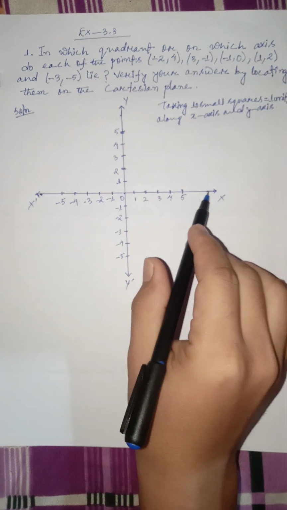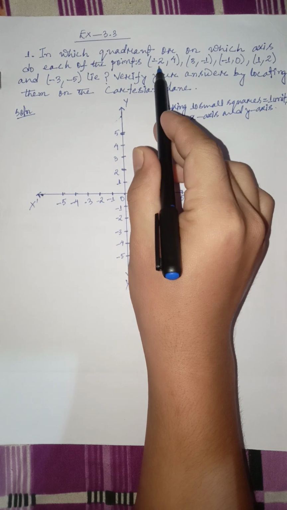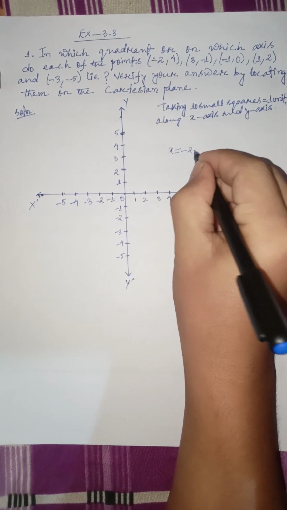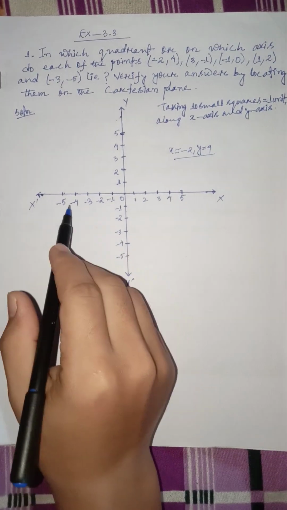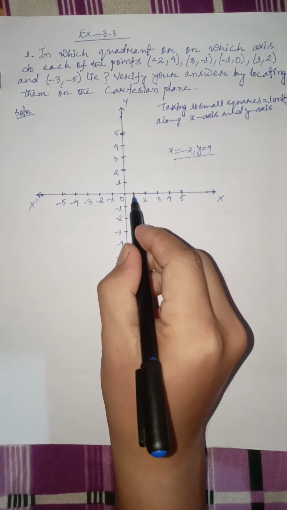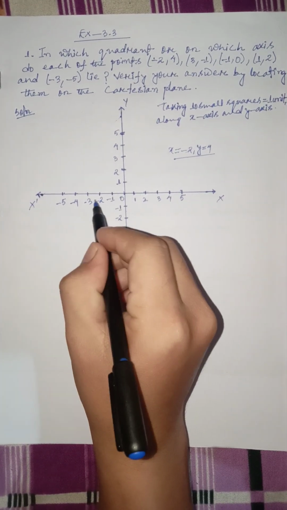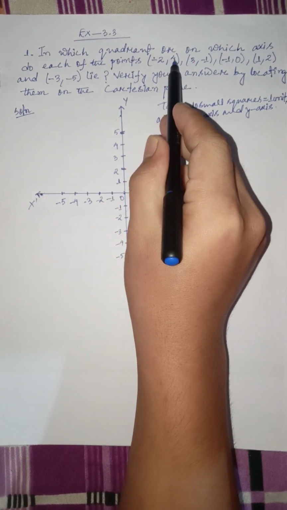Here it is the x-axis and here it is the y-axis. Now what are the values that we have? First we have x equal to minus 2, and y equal to 4. That means x, where is x? This. X is equal to minus 2, it will be like this, in the negative direction, it is minus 2, and after that, it is 4.